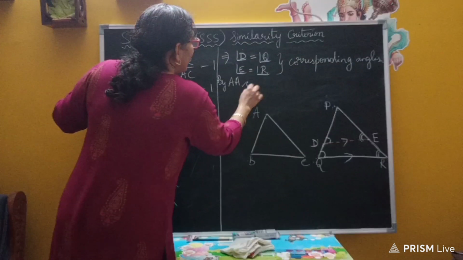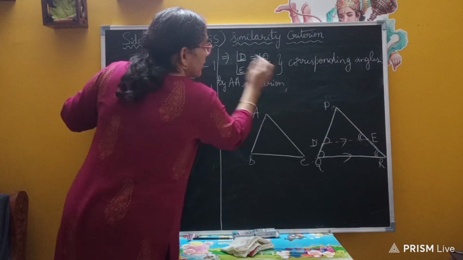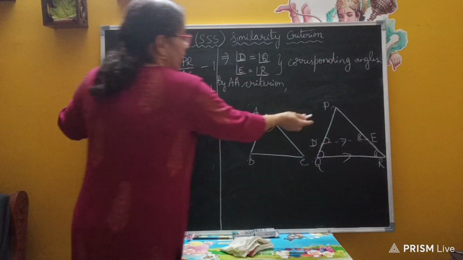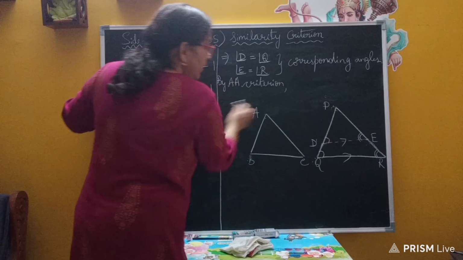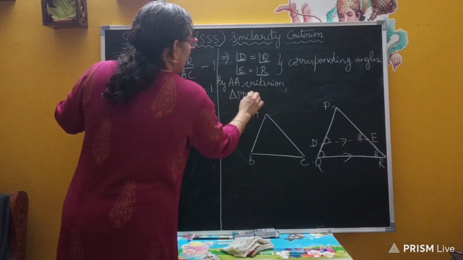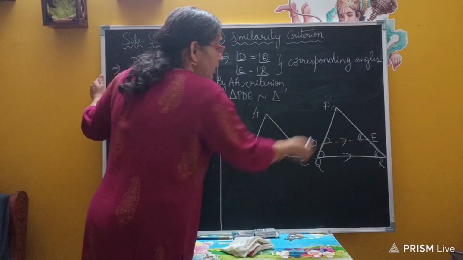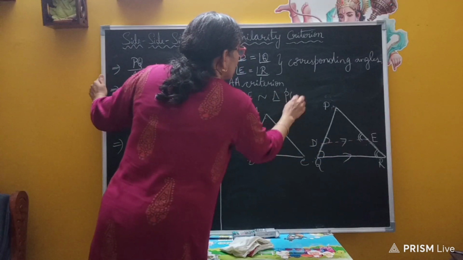So by the AA criterion, what do you say now? Triangle PDE, the inner triangle, is similar to triangle PQR.